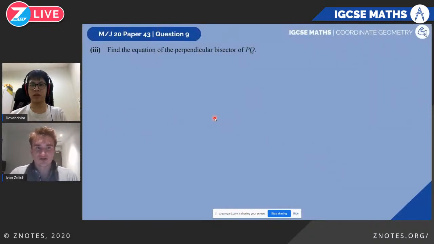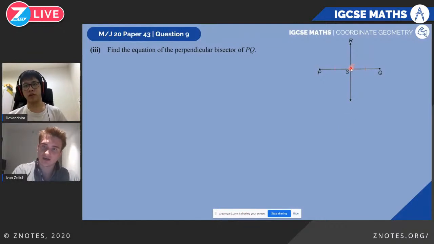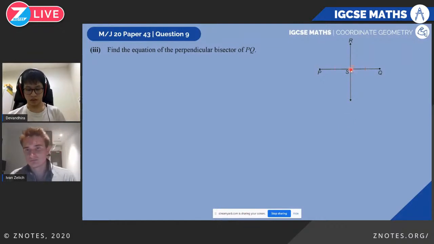So we have to find the equation of the perpendicular bisector of PQ. So the perpendicular bisector of PQ, if PQ was a horizontal line, would look something like this. And basically, it's the line perpendicular to PQ that hits PQ at the midpoint of PQ.